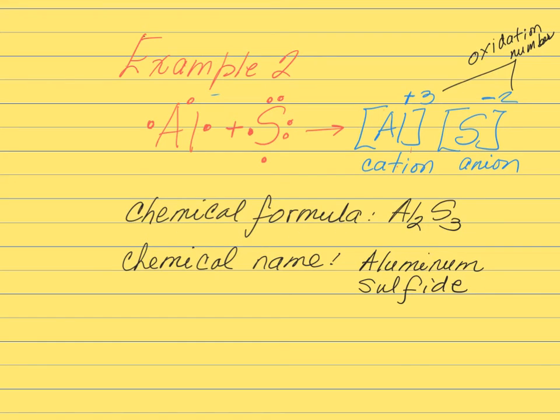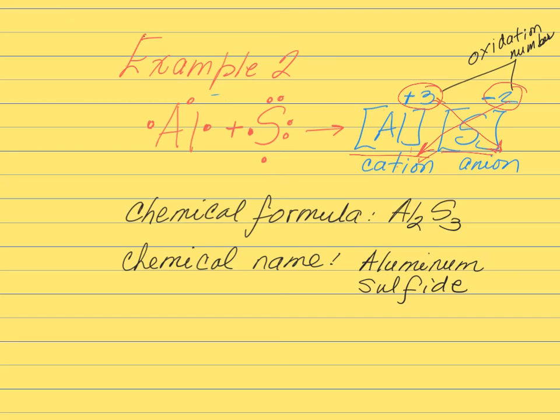How are you going to write the chemical formula? Once you have the symbol with the oxidation number for the metal and the non-metal, you're going to switch the numbers without the sign. Switch the numbers. Remember that we were doing that in class.